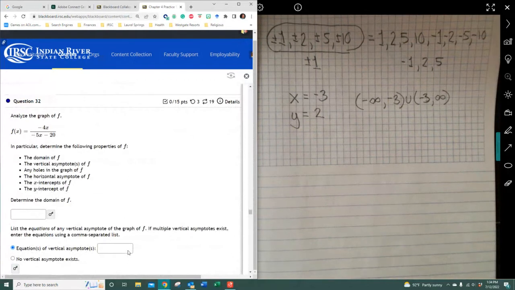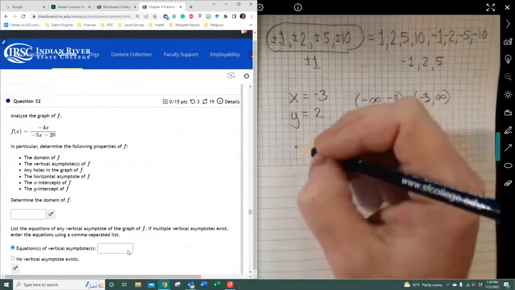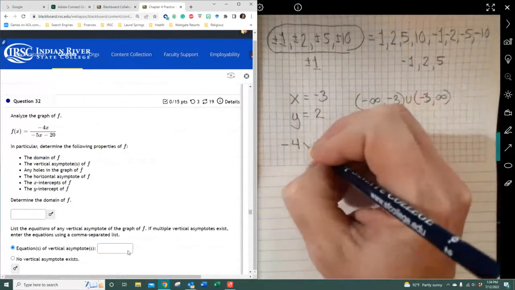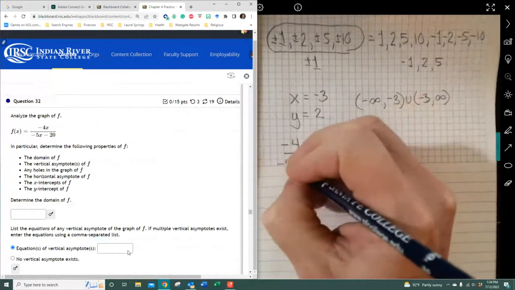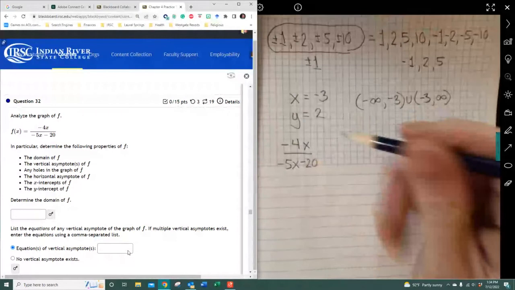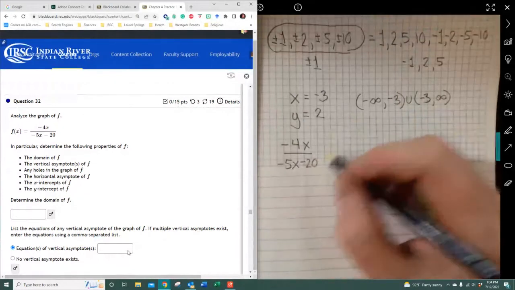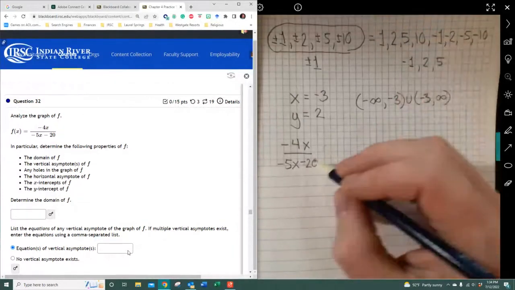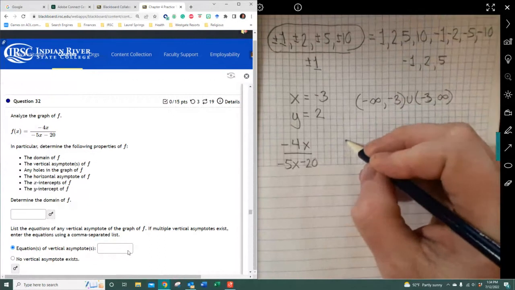All right, now for this one, it says analyze the following. So we have -4x over -5x minus 20. So what we can do is try to simplify this if we want to, but we got to go ahead and set the denominator equal to 0.